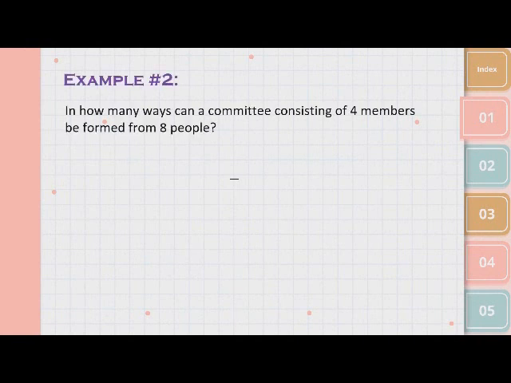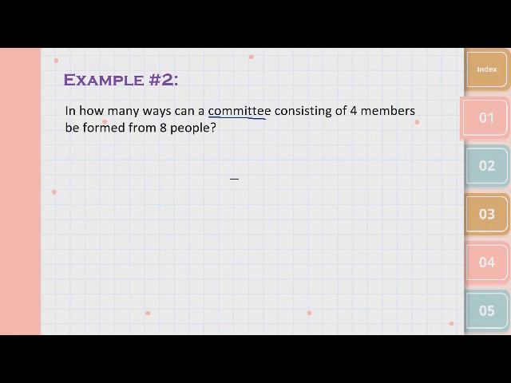For example number 2, we have this problem: in how many ways can a committee consisting of 4 members be formed from 8 people? If you encounter this word committee, no matter how you select or arrange the 4 members, for example member 1, member 2, member 3, member 4, or member 2, member 3, member 1, member 4, that is only one way, considered as one.